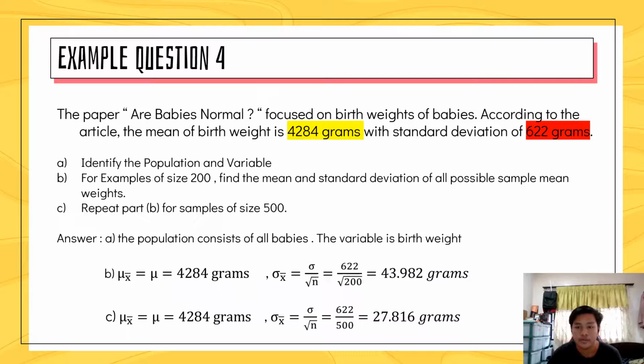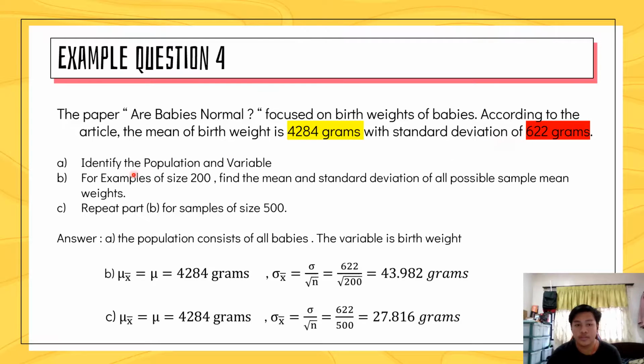So next we're going to question 4, the last question. The question is about baby's normal, focusing on the birth weight of babies. According to the article, the mean birth weight is 4,284 grams with a standard deviation of 622 grams.